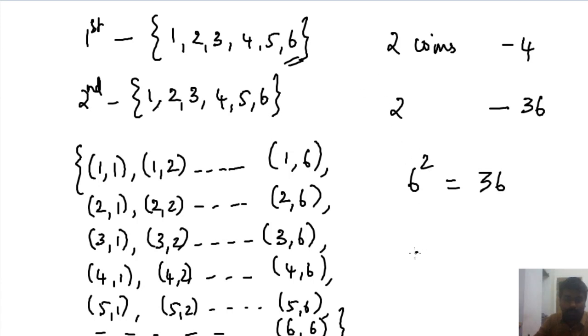Here you have two coins, and in each coin you have 2 sides, so 2 times 2 gives a sample space of 4. So easily you can find out how big the sample space is for any number of experiments or iterations you did, with the help of this formula. Thank you.